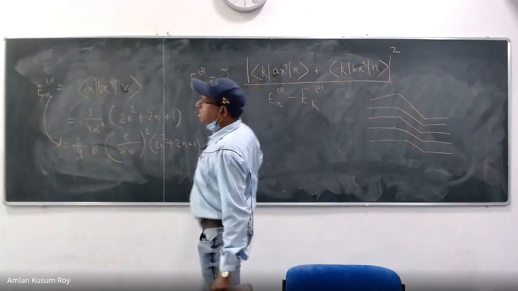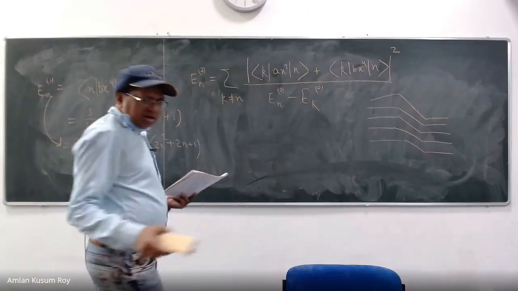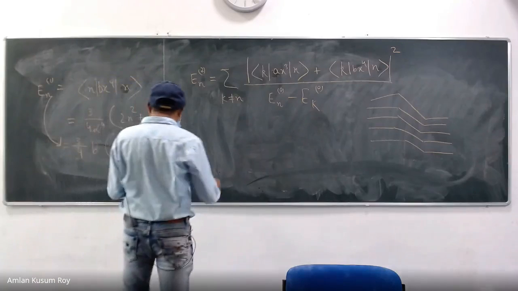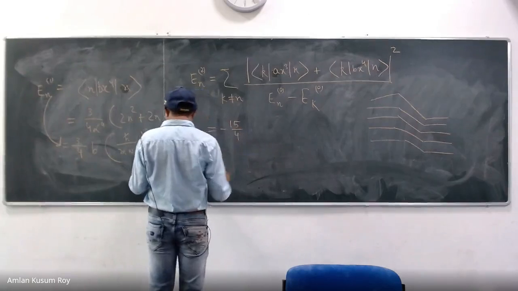Now this needs to be done analytically. It is possible to do analytically. I leave it as an exercise for you to find out that this is possible to do like this.